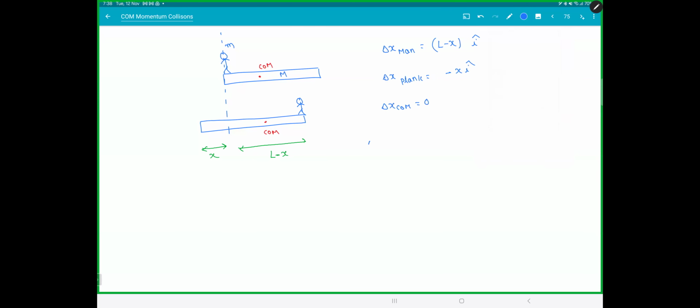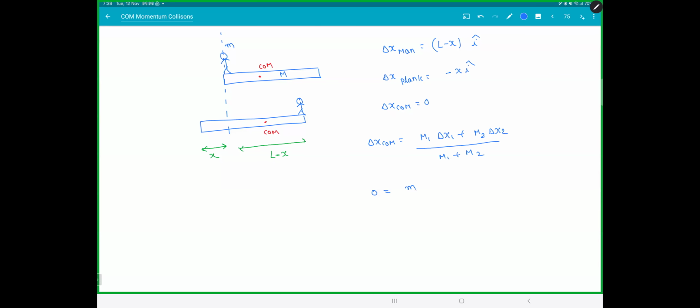Do you remember this formula I taught you? In the beginning, delta x center of mass, the change in displacement, is (m1 delta x1 plus m2 delta x2) by (m1 plus m2). Do you remember this? We did this in the position vector map. So we know delta x center of mass is 0.